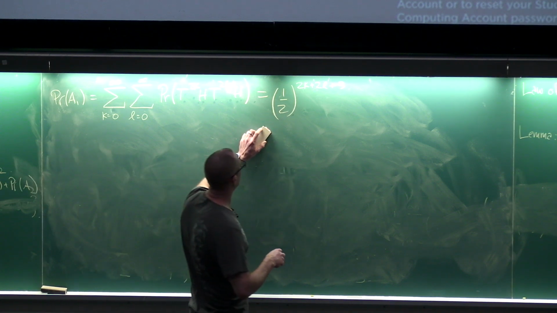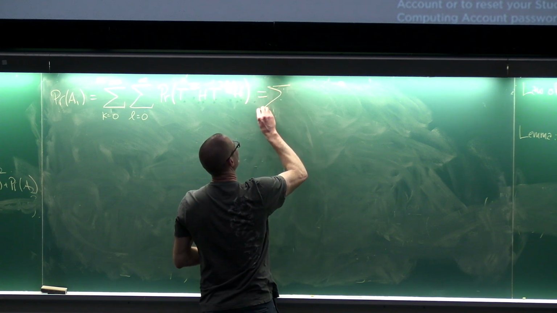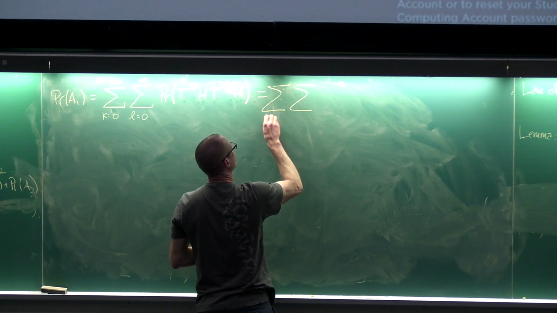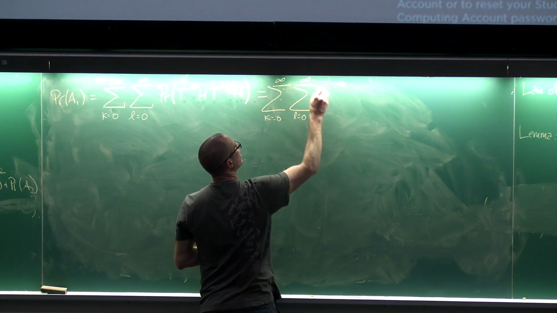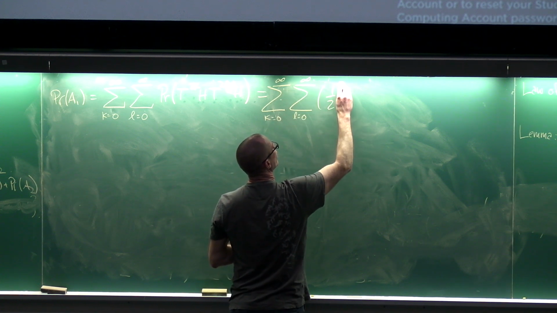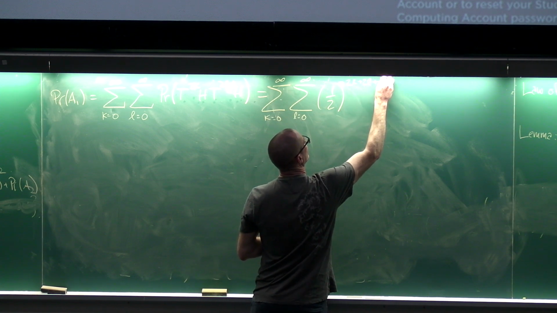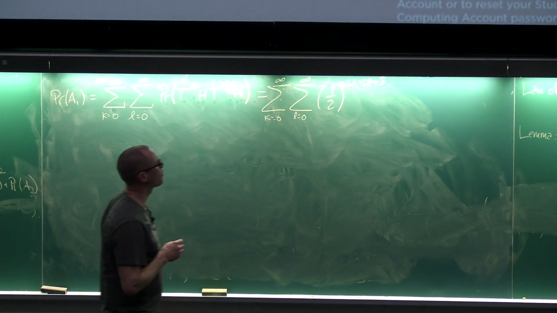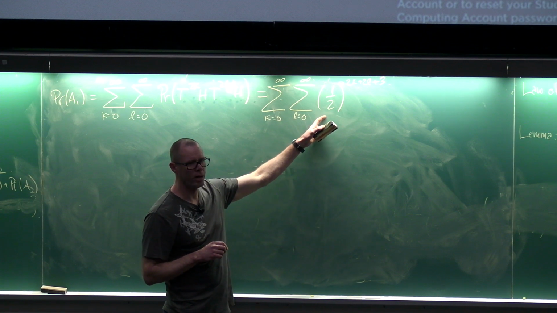And let's put the sums around it. Sum, k is 0 to infinity, l is 0 to infinity, of 1/2 to the 2k plus 2l plus 3. All right. Does this look like anything I know how to do yet?